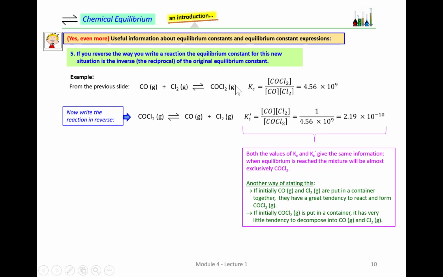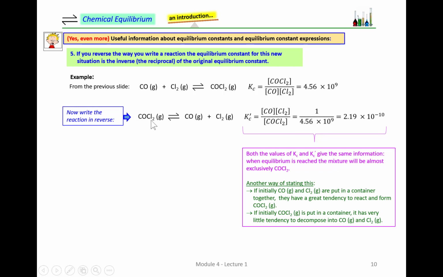If we choose to write it in reverse and call CoCl2 the reactant, the reality can't change. It's mostly still CoCl2, and so it's now mostly reactant because we wrote it differently, and so the equilibrium constant is now tiny, which means yes, it stayed mostly in the form CoCl2.